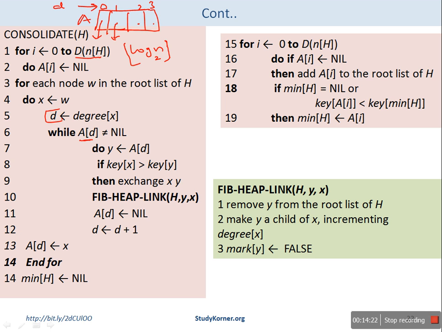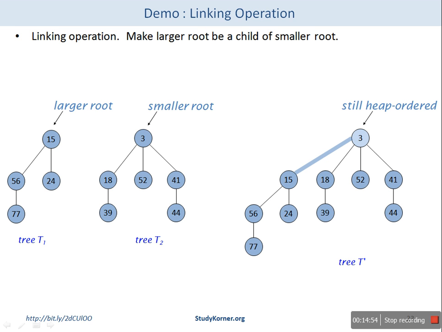If A[0] is pointing to a node, then we assign a y pointer which has the value of A[d], and if key of x is greater than key of y, then we exchange both and then call the FIB-HEAP-LINK procedure. Then we make A[d] nil and increment the value of d. So let's understand this whole consolidate function with the example.